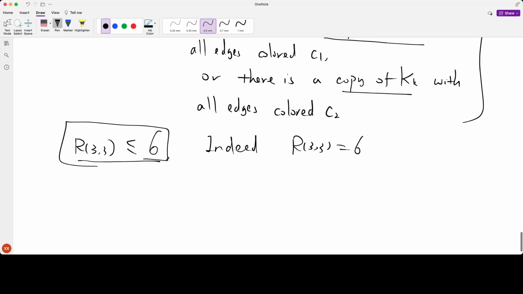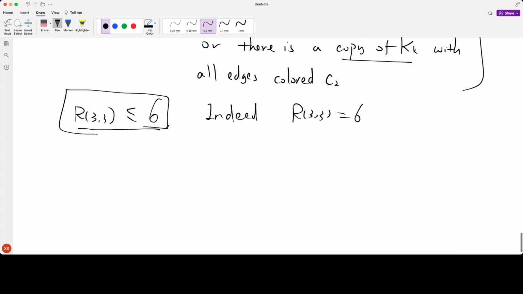This kind of problem has a very huge history, and it's a very active research area. People have known for maybe 60 or 70 years that R(k,k) is always smaller or equal than 4 to the power of k, and greater or equal than something like square root of 2 to the power of k.